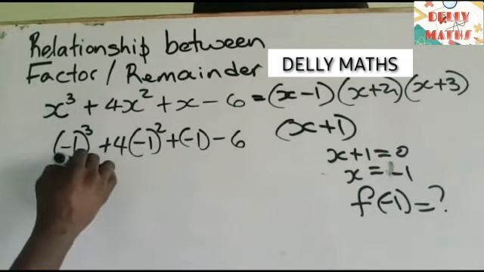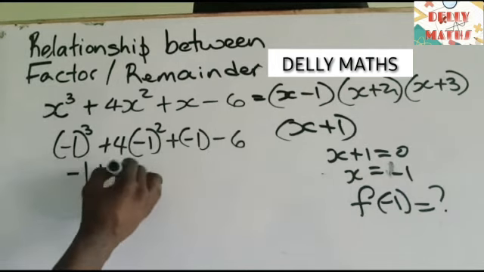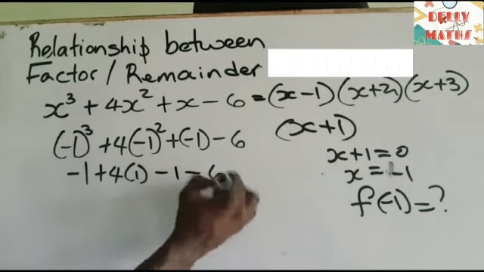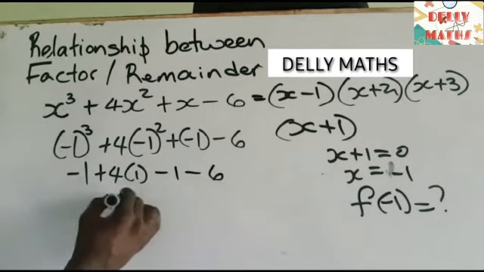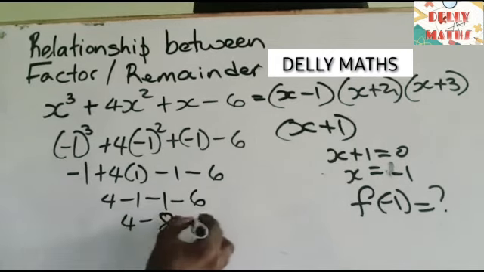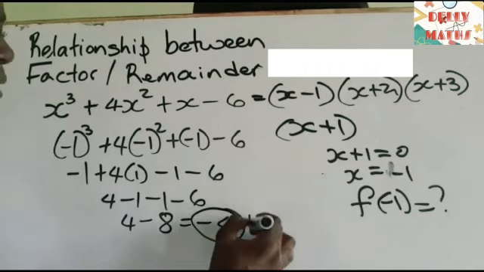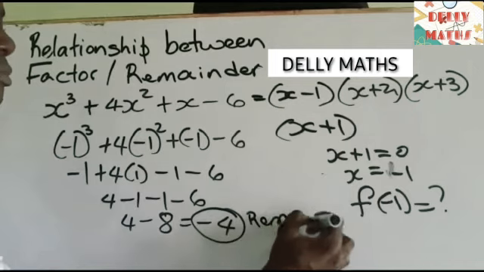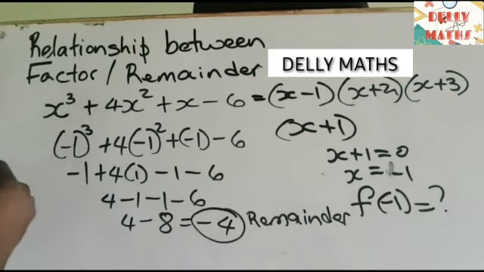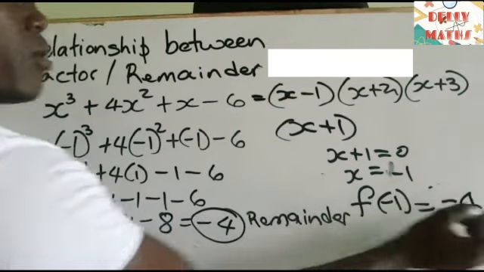This is going to give me negative 1, because negative 1 to the third is negative 1, plus 4 times 1, which is 4, minus 1 minus 6. 4 minus 1 minus 6 is 4 minus 8, which is negative 4. So the remainder is negative 4, which means that f of negative 1 gives us negative 4.